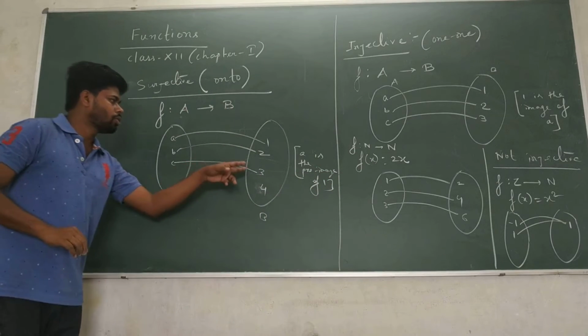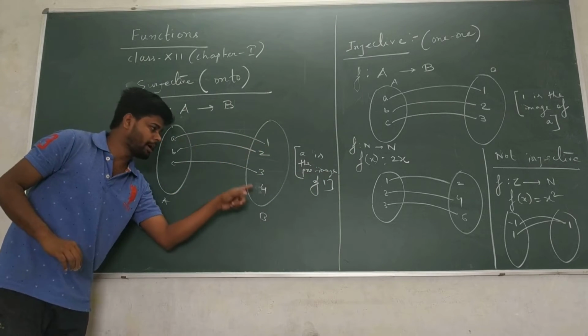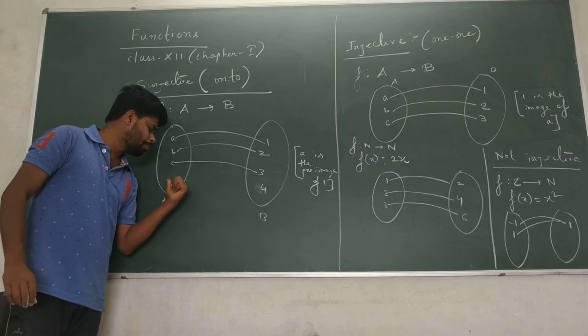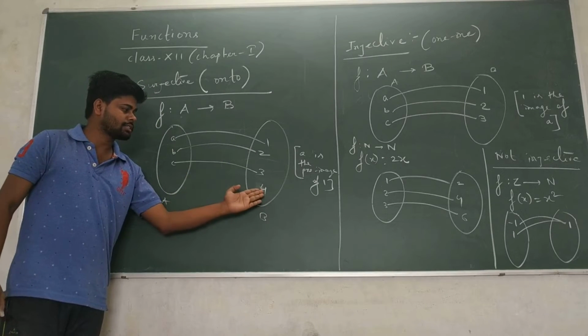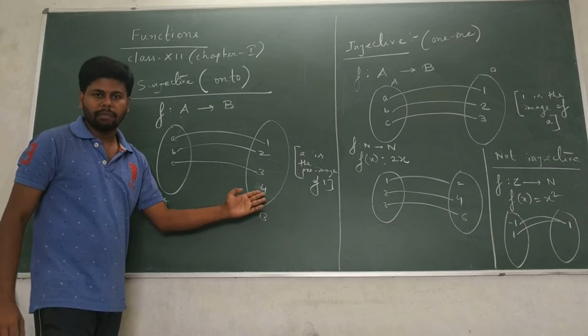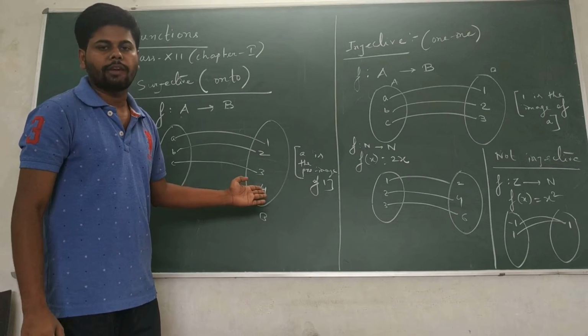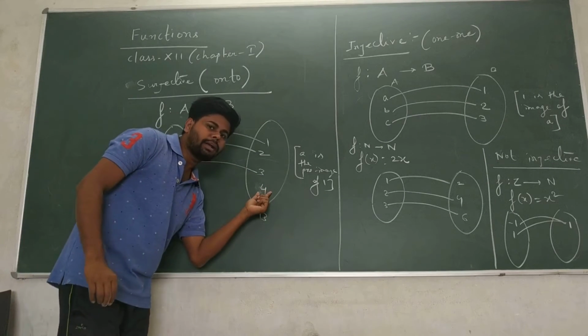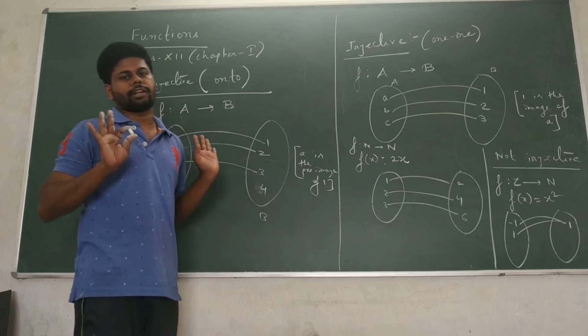You are getting? But for the element 4, there is no pre-image. This means in the codomain at least one element is left out. If any one element is left out, then it is not surjective.